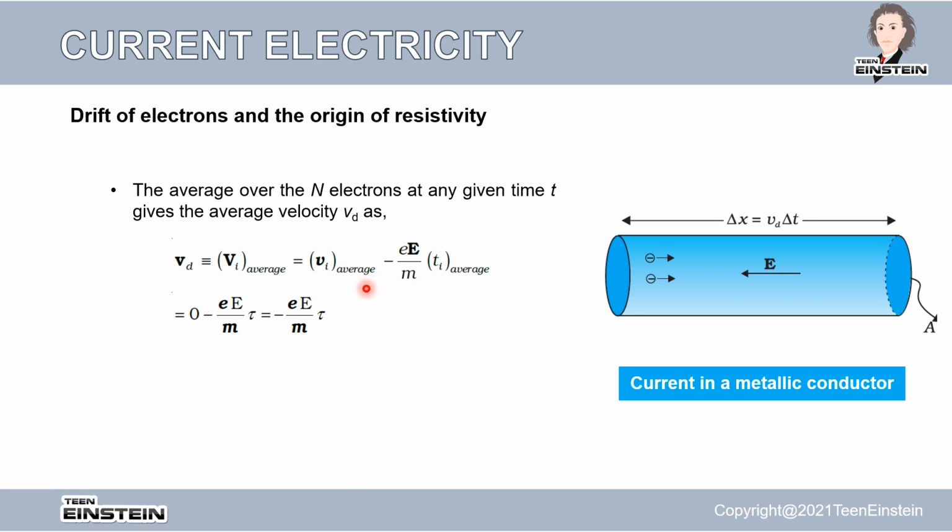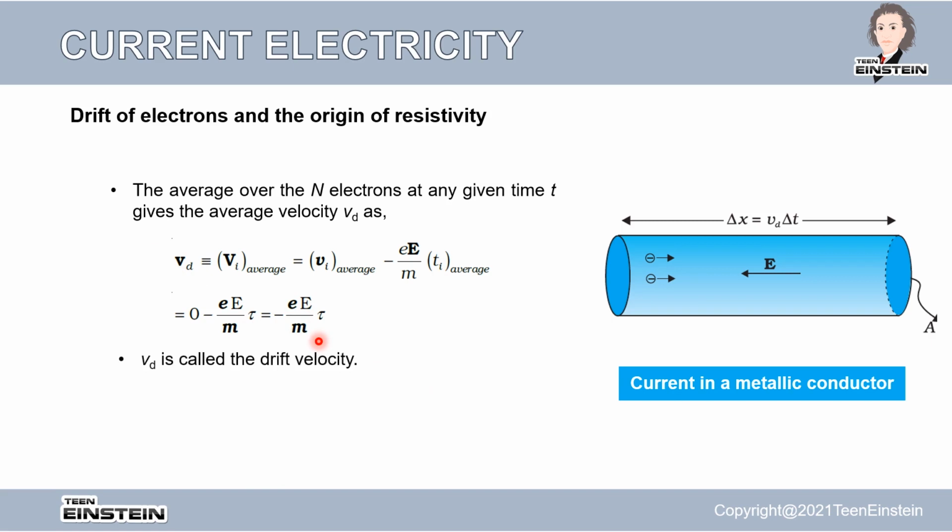So it is 0 minus eE by m into t_i average. And instead of t_i average, we introduce a quantity called tau, which is the average time. So we have v_d, the drift velocity, equal to minus eE by m into tau.